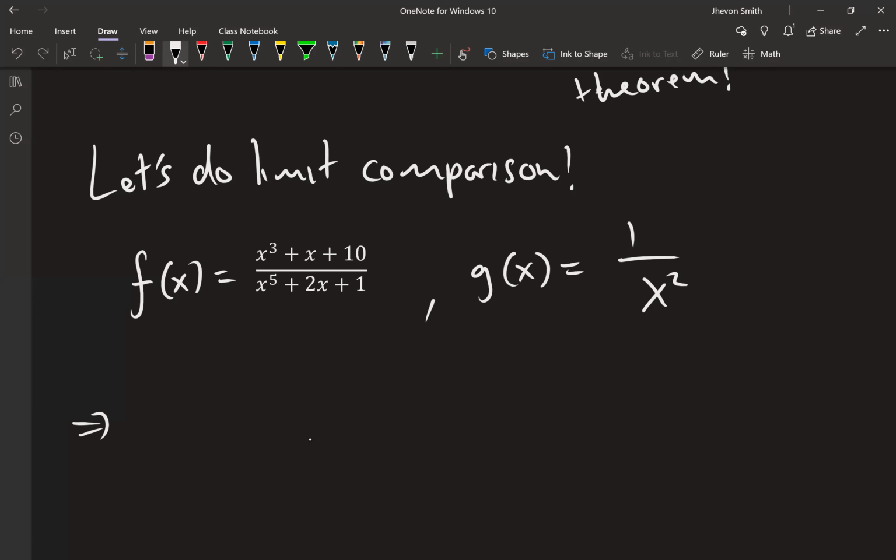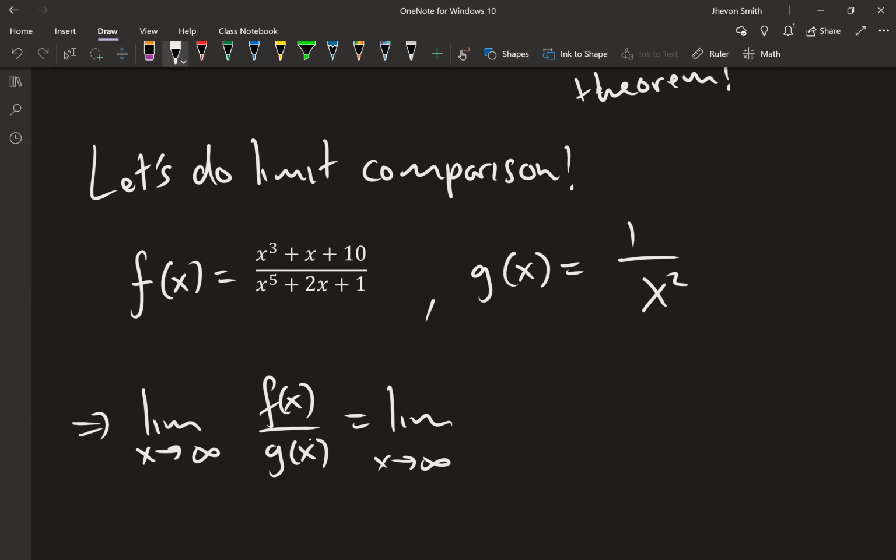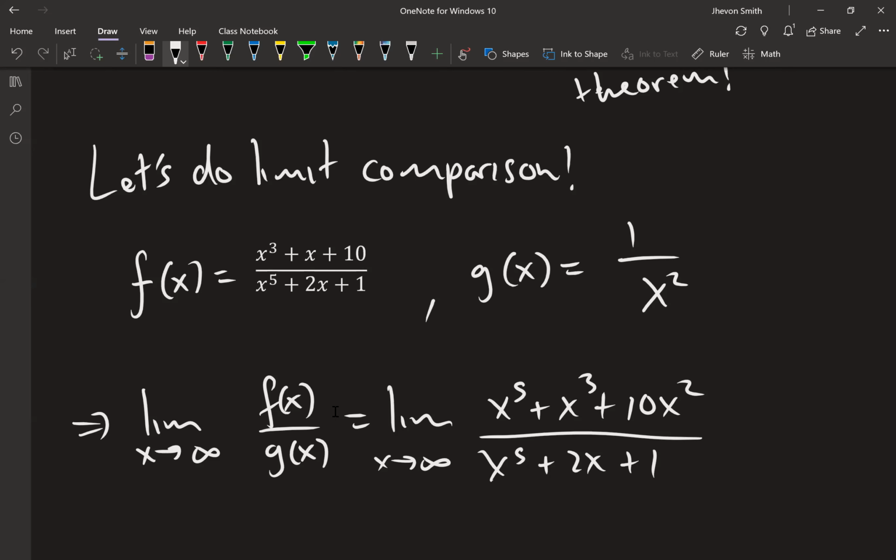What I would look at now is the limit as x approaches infinity of f of x divided by g of x, that is going to give me the limit as x approaches infinity of x to the 5th plus x cubed plus 10x squared divided by x to the 5th plus 2x plus 1. And what is that limit?